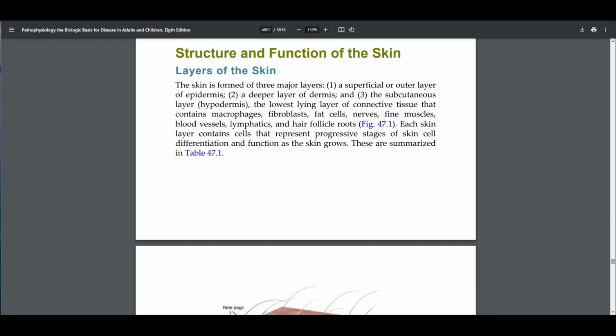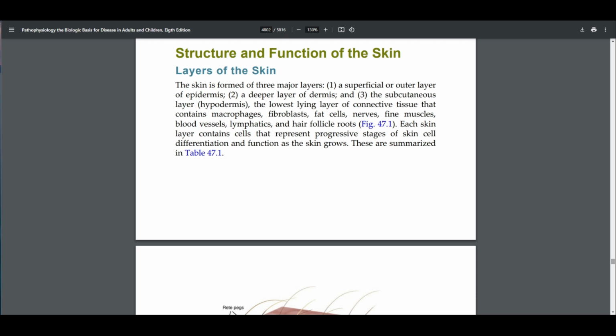Layers of the skin. The skin is formed of three major layers: the superficial or outer layer of the epidermis, a deeper layer of dermis, and the subcutaneous layer or hypodermis, the lowest lying layer of connective tissue that contains macrophages, fibroblasts, fat cells, nerves, fine muscles, blood vessels, lymphatics, and hair follicle roots.